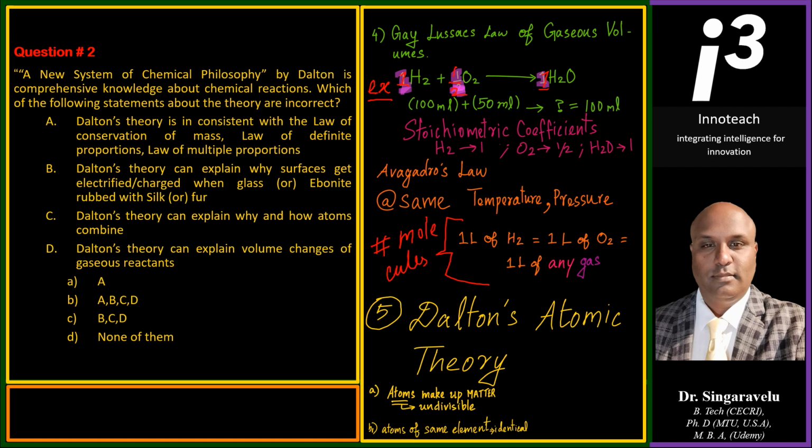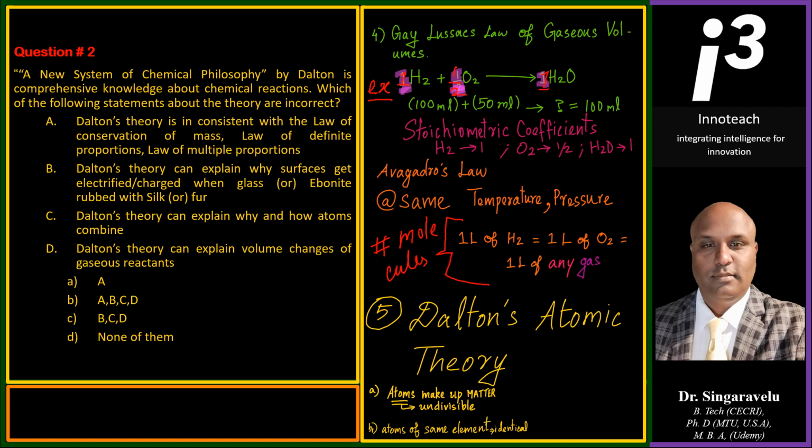So having understood this concept from Avogadro's law, we should now be able to clearly say, by balancing the stoichiometric coefficients for the reaction between 100 ml of hydrogen and 50 ml of oxygen, which is happening at the same temperature and pressure, right?